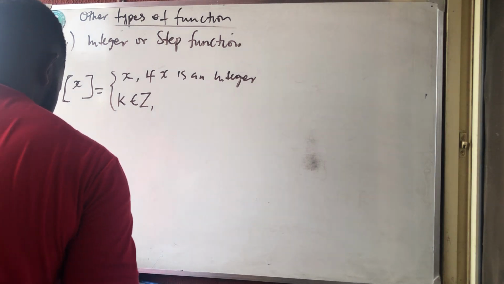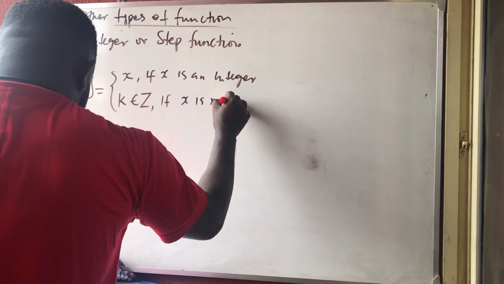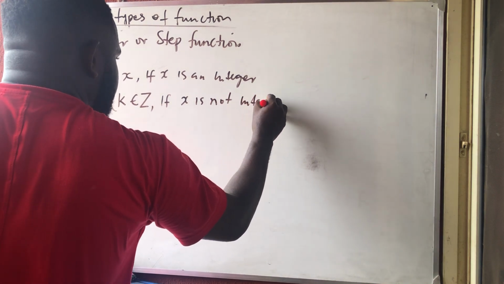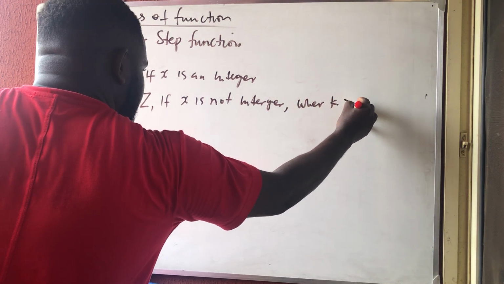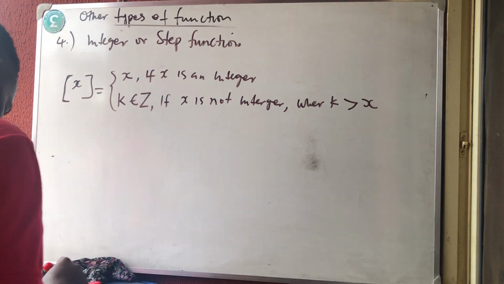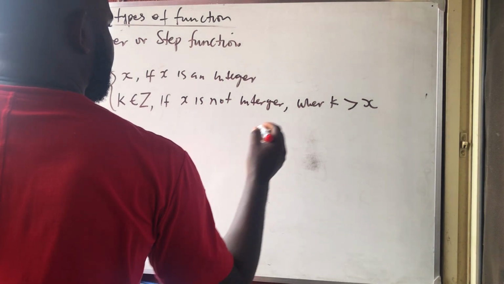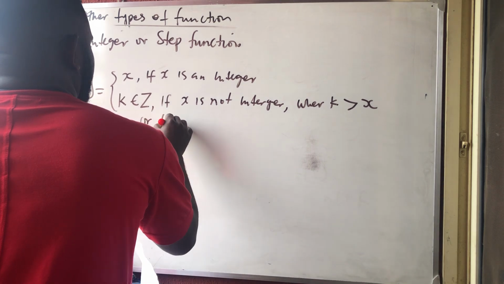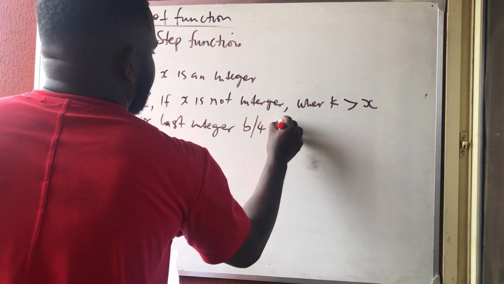If x is not an integer, then k, where k is less than x, not exceeding x, or the last integer before the x.